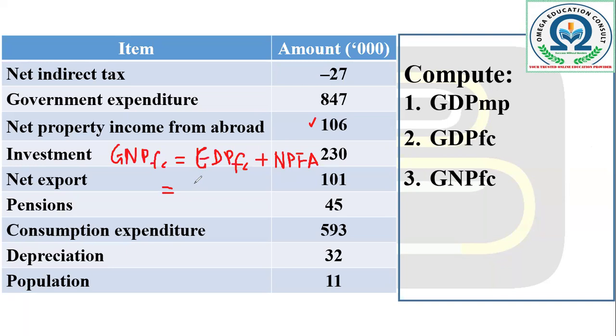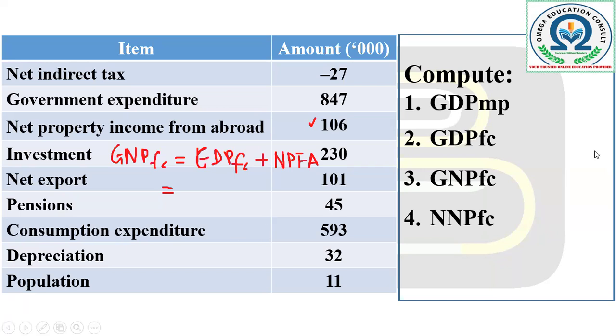So this is how we do our computation regarding the expenditure approach in the computation of national income. Right, so from there, now you can go ahead and compute your NNP-FC by picking the GNP-FC and deducting depreciation.